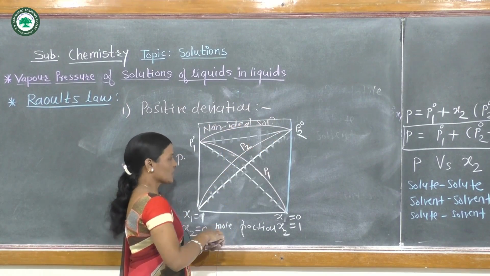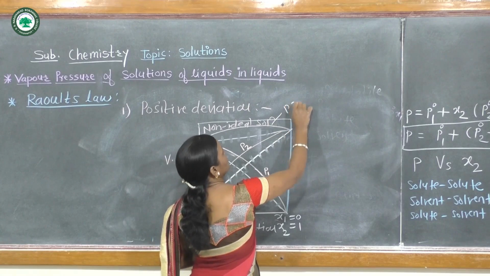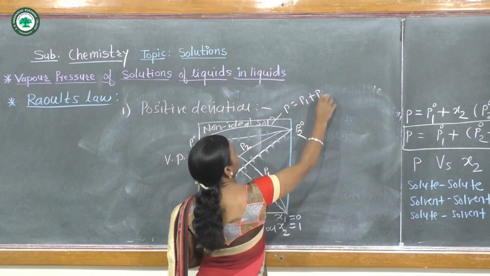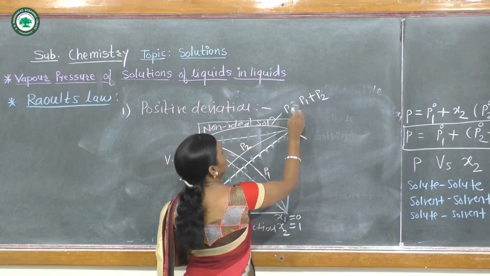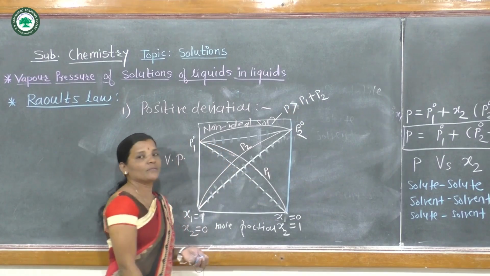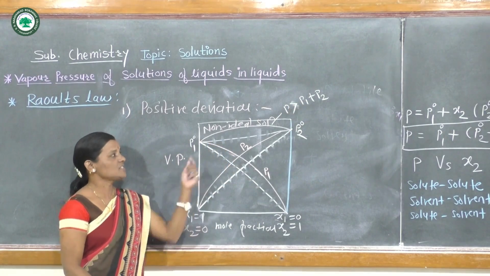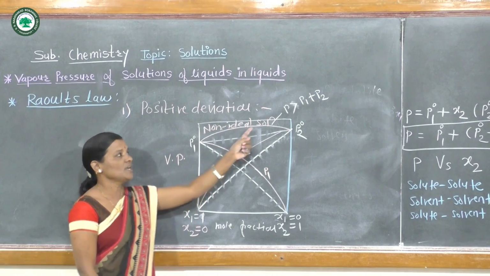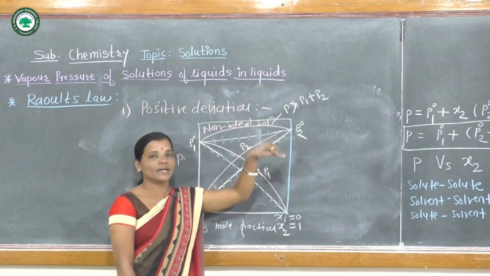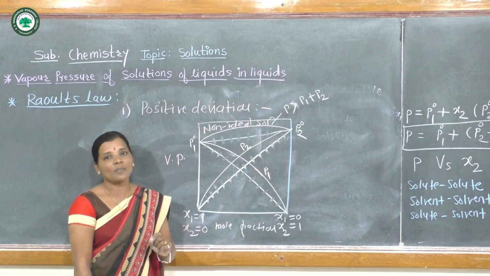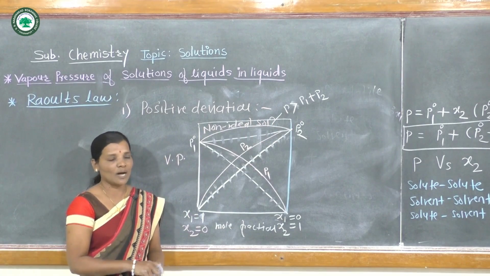Here the total pressure of the solution, P1 plus P2, is greater than the ideal value. As the solution is non-ideal, the total pressure should be greater than the sum of the partial pressures of the two components.